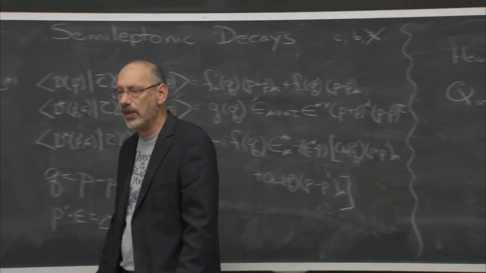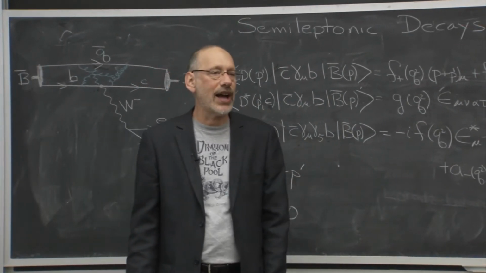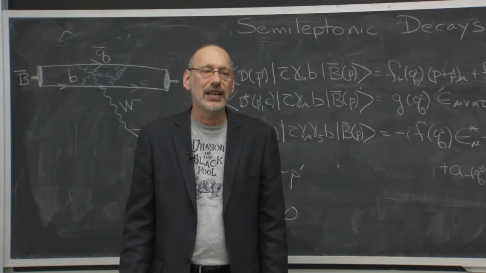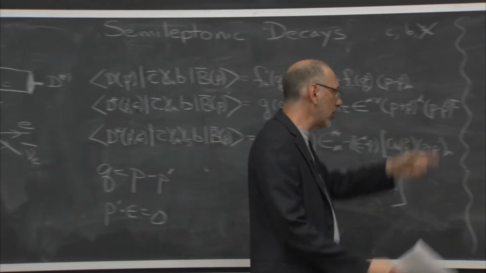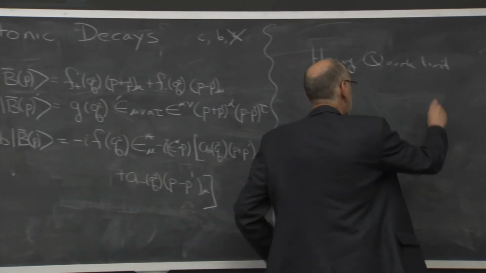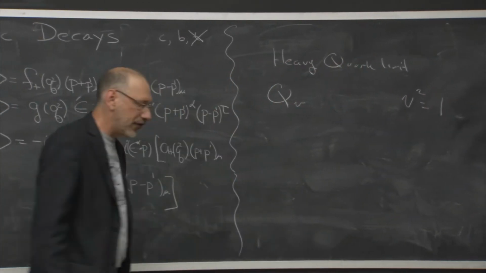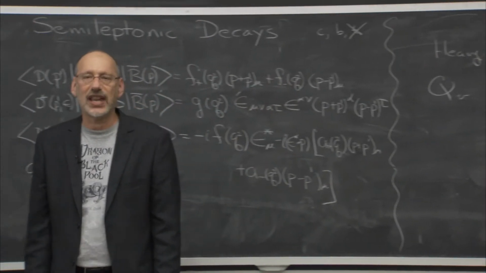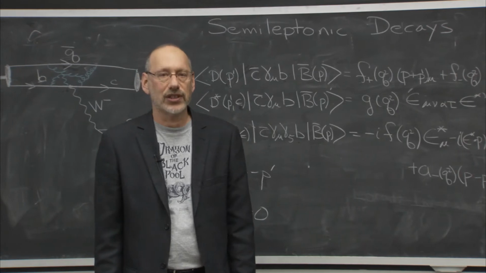In the heavy quark limit, where we neglect corrections suppressed by powers of the strong interaction scale, lambda QCD, divided by the heavy quark mass, this velocity, we're usually going to use a 4 velocity, so v squared as a 4 vector is equal to 1. This 4 velocity is just a label. It stays fixed. It never changes by the strong interactions.